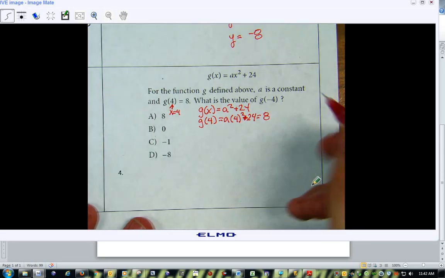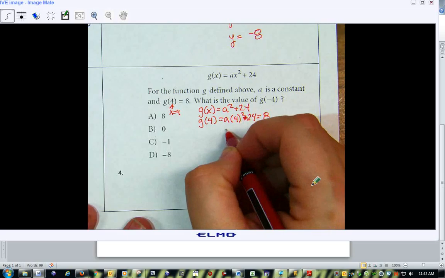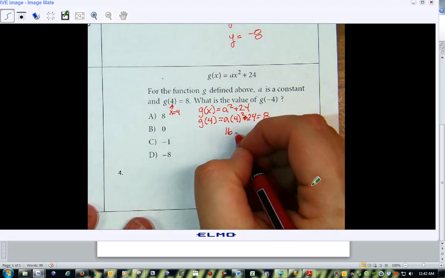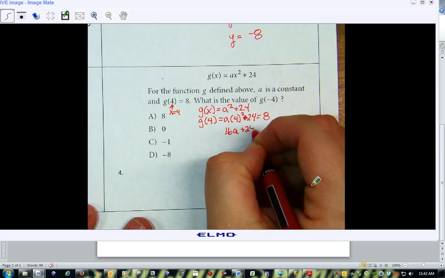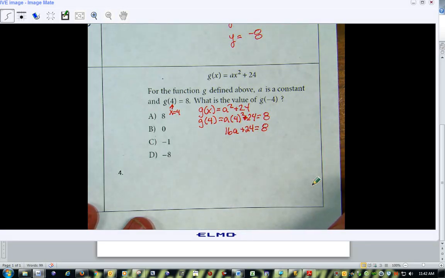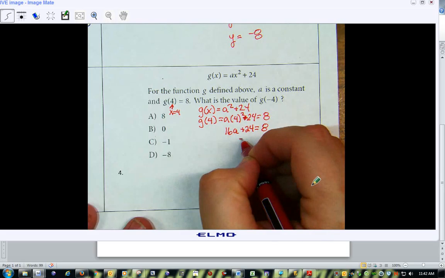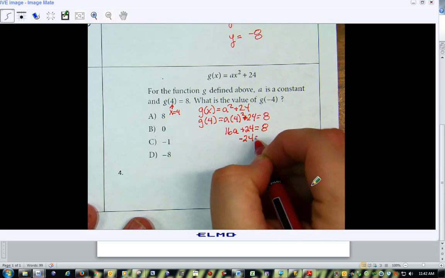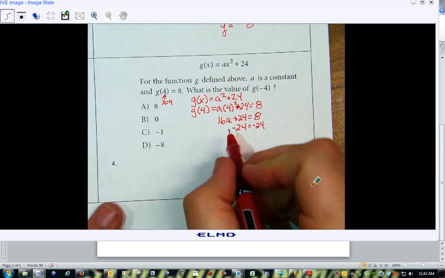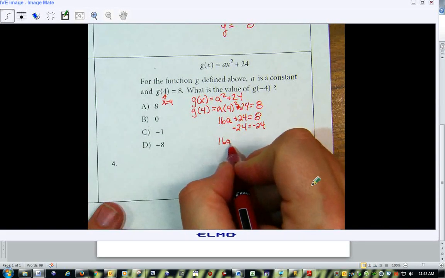So 16, because 4 times 4 is 16, so 16a plus 24 has to be equal to 8. Subtract 24. So 16a is equal to negative 16.